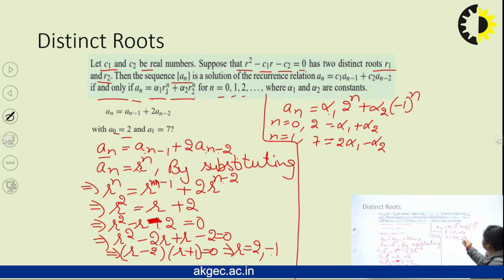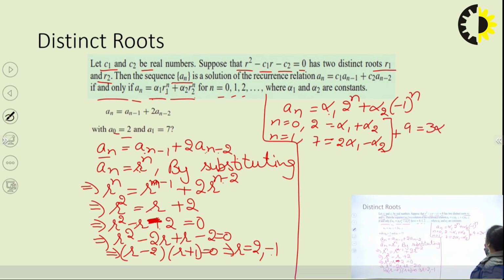If I add these two, what am I getting? 9 is equal to 3 alpha 1, and alpha 2 and minus alpha 2 will get crossed. So I am getting alpha 1 as 3. So my alpha 1 value has come to be 3.